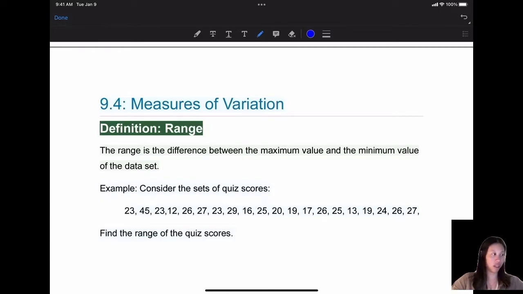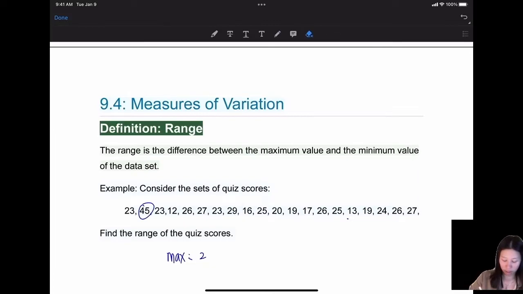If you take a look in here, consider that's the set of the quiz score. What is the maximum? Well, the maximum should be 14.5.